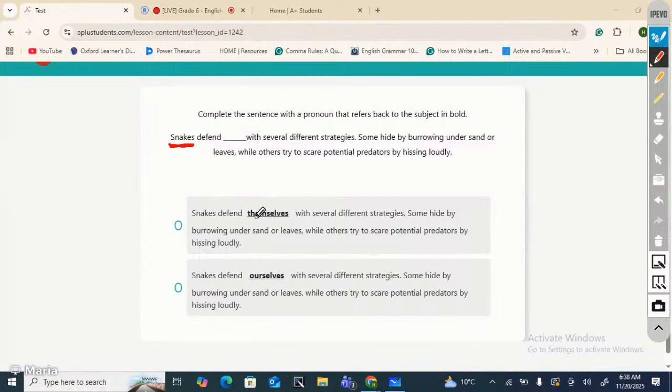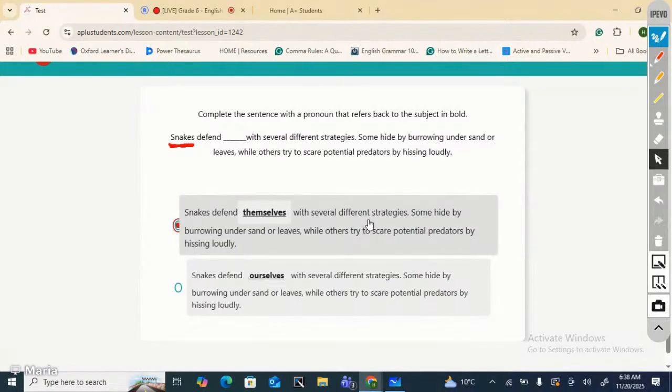Yes, it's option one, themselves. Snakes defend themselves.